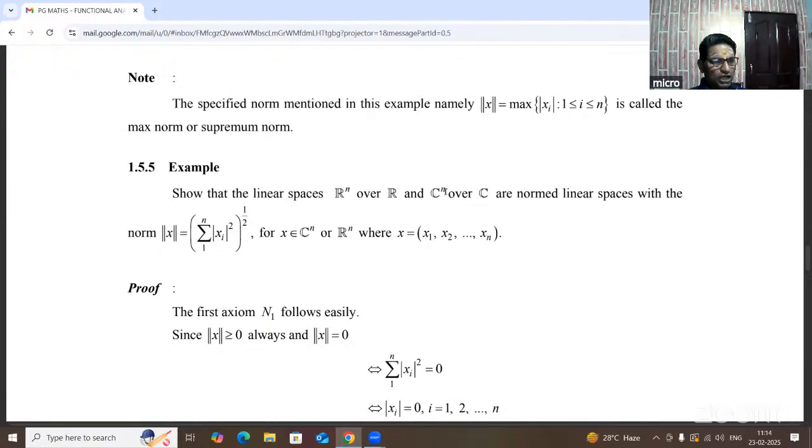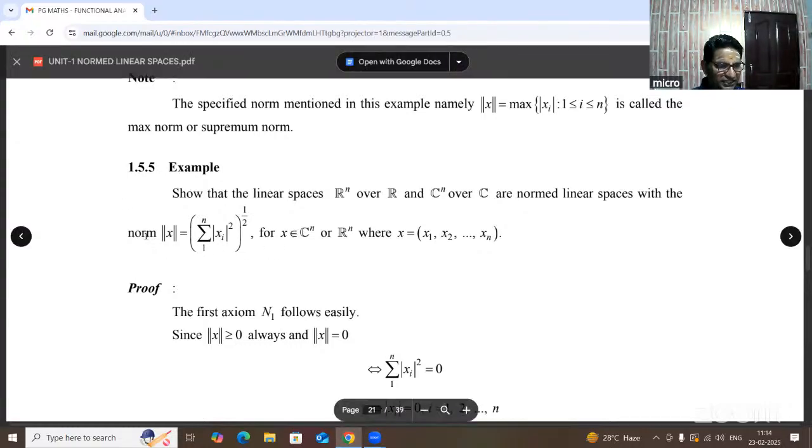Now, this is one of the expressions for the n-tuples of the real linear space and complex linear space. The real numbers and complex numbers are normed linear spaces with the norm x equal to the summation of mod xi whole square, to the power 1 by 2. According to this condition, we will prove that it is a normed linear space.